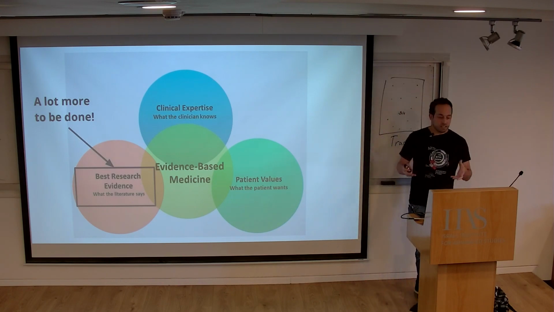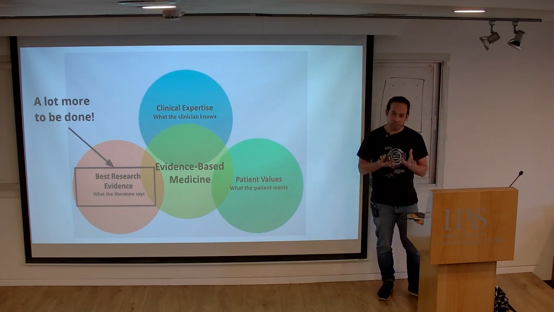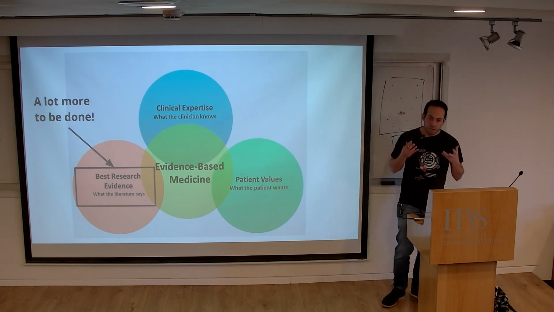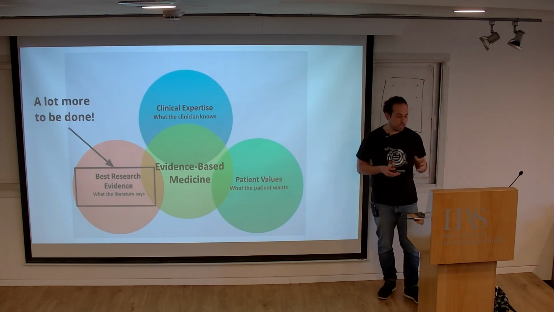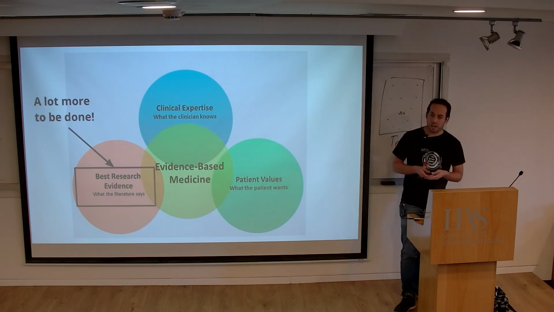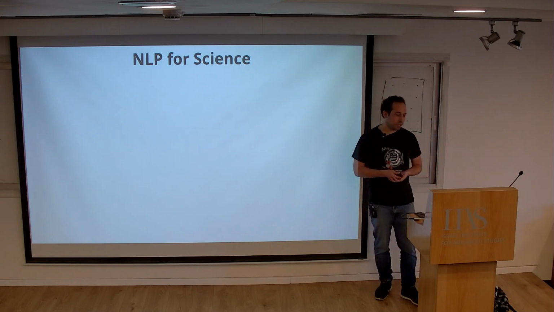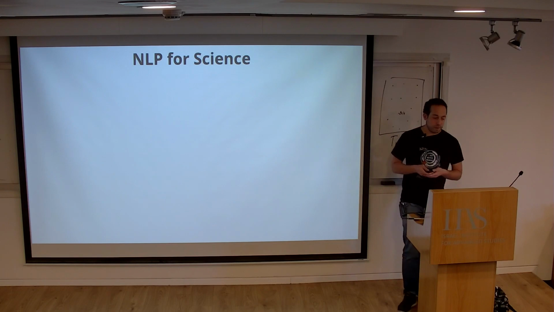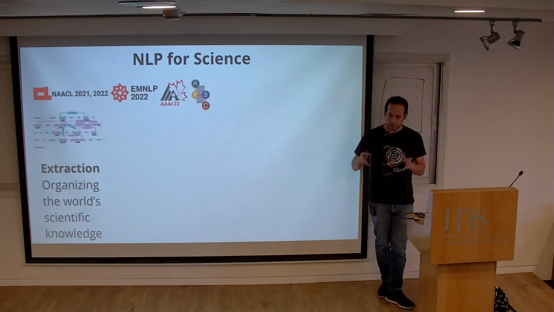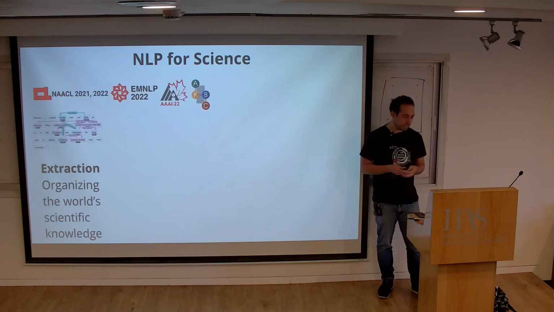On the other hand, all of these tools currently have a lot of problems in helping clinicians find the knowledge, which means that for this paradigm of evidence-based medicine to actually be effective in full force, we need a lot more work to be done to help clinicians find the latest and best evidence. And because so much of this evidence is in the form of unstructured text in the literature, we need NLP. And I've been focusing on a few central themes, breaking it down as follows.